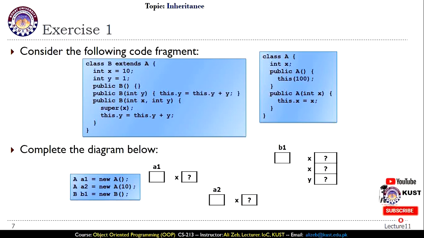Now, based on the previous discussions that we had in this class and the previous classes, this is an exercise that we can maybe try, and let's say what shall be the values of these variables for each of these objects. For example, what is the value of x for a1, for a2, and for b1, and so on and so forth.